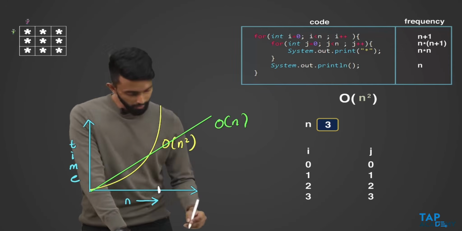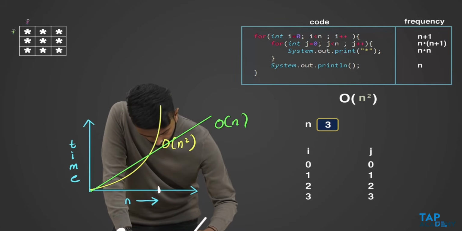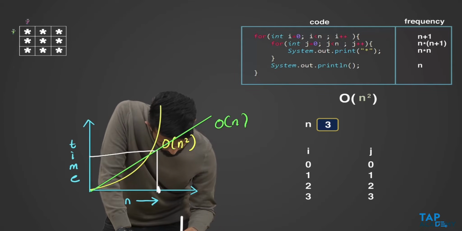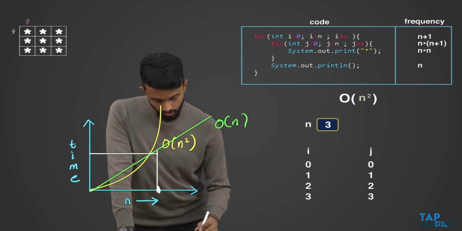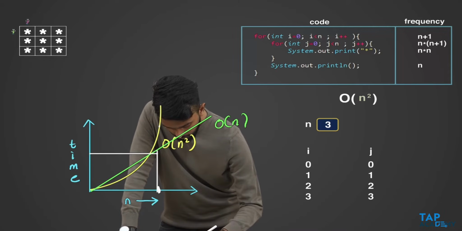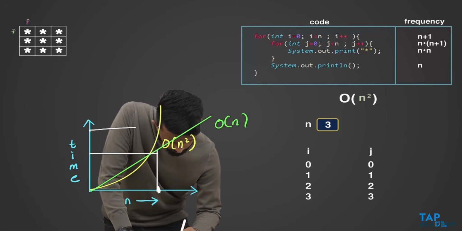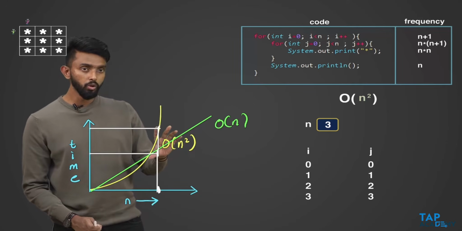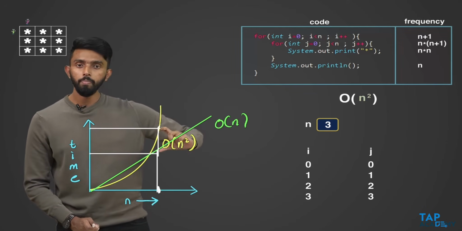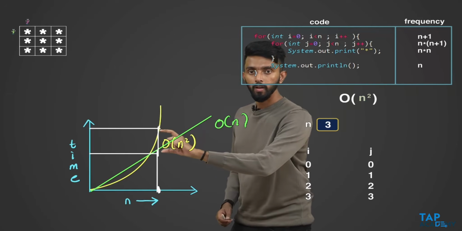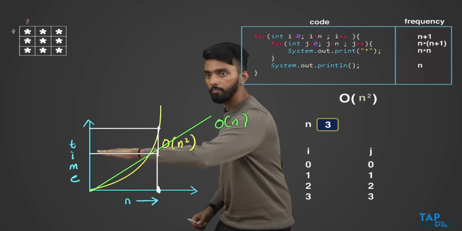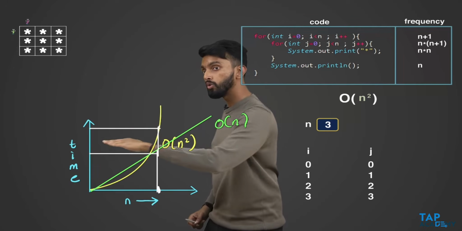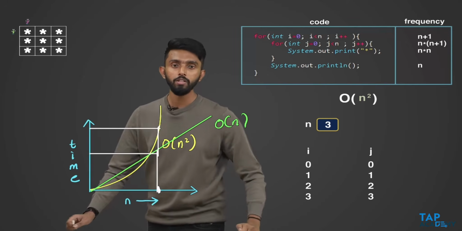If I take some value of n, look at this. This is the time it takes. But the same value of n is somewhere here. Look at the difference in time. The n value is the same. Look at the time, whereas look at this time. This is big O of n. This is big O of n square. Do you see the leap in time? Do you see the increase in time?